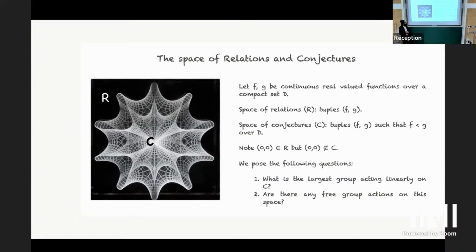Within this space, we define a second space, which we call the space of conjectures. This space consists of points (f, g), with f and g continuous functions, such that the inequality is true on some amount of data that you might have access to. For example, we heard a lot of interesting talks on elliptic curves and murmurations and so on and so forth, and a lot of data has been collected in the LMFDB database based around that.